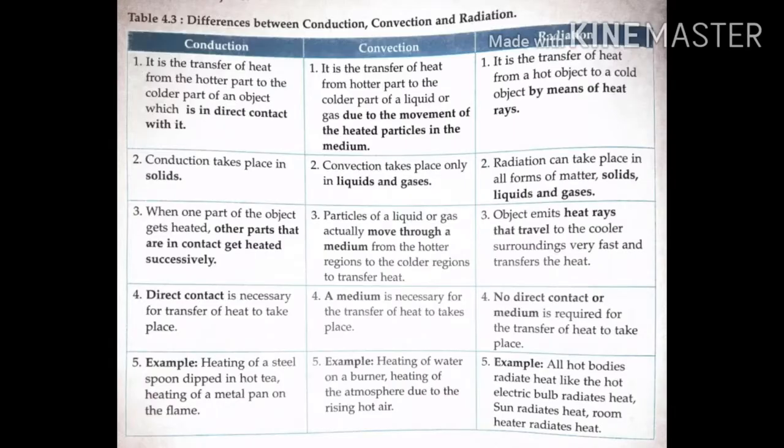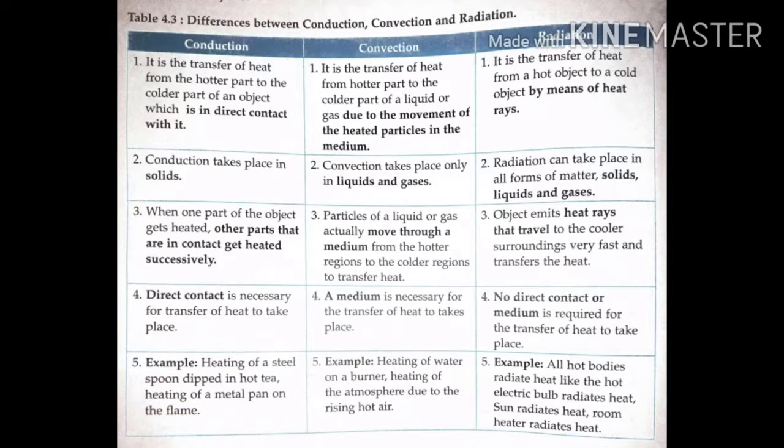Next, we are going to see the difference between conduction, convection, and radiation. First one, conduction: the transfer of heat from a hotter part to the colder part of an object which is in direct contact with it. So, direct contact.